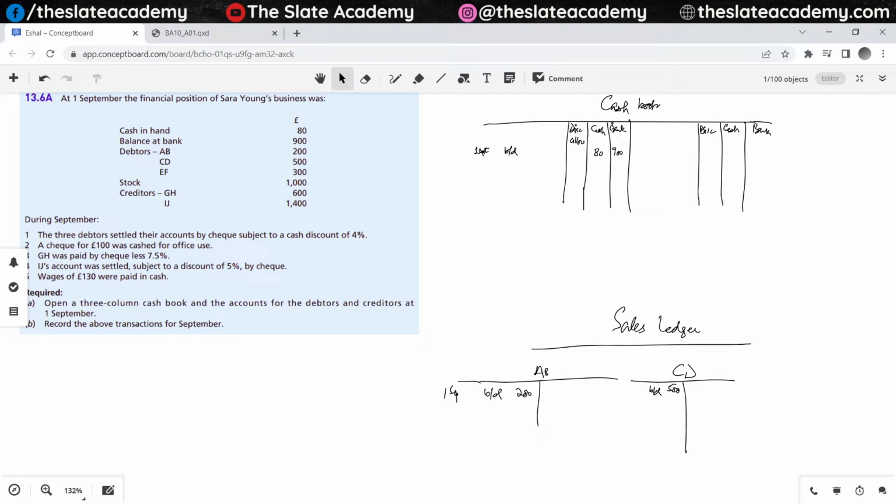And then the third person is EF. For EF, the brought down balance is 300.